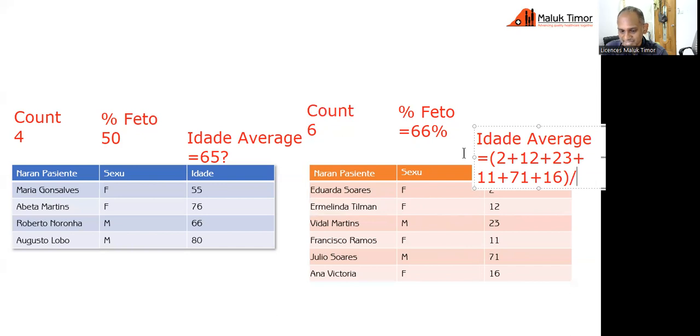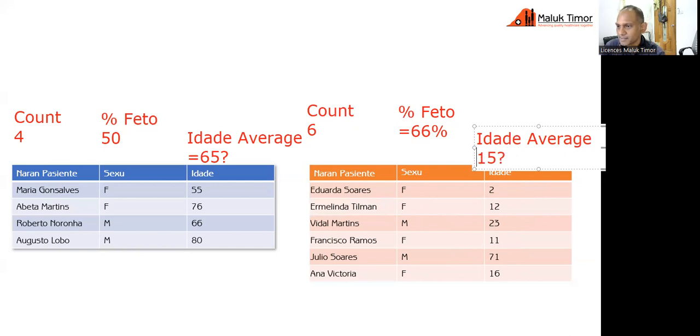The total number is 6, so divide by 6. I'm not sure exactly what number I'm going to get, but it looks to me like the average is probably around 15 or 16.